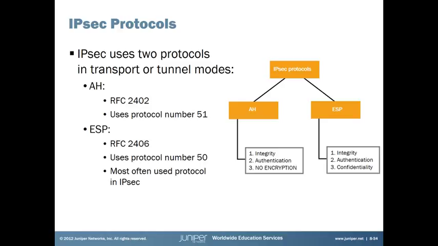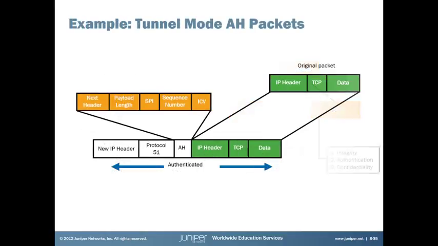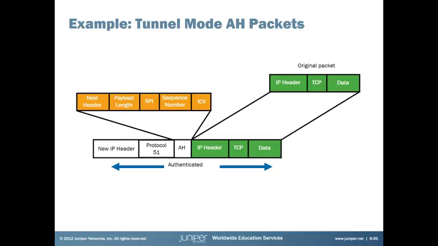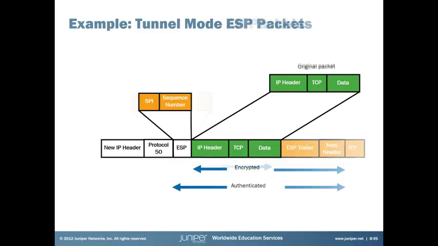That's our standard one that we normally use. Okay, so tunnel mode packets and ESP packets. I think the main takeaway from this is you're going to be choosing ESP unless you have a good reason to do something different.